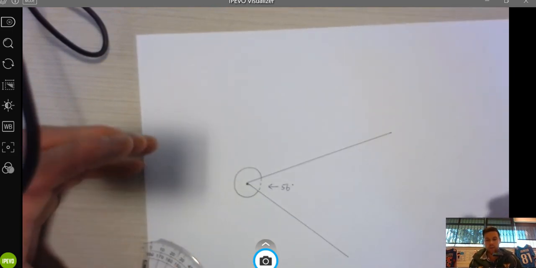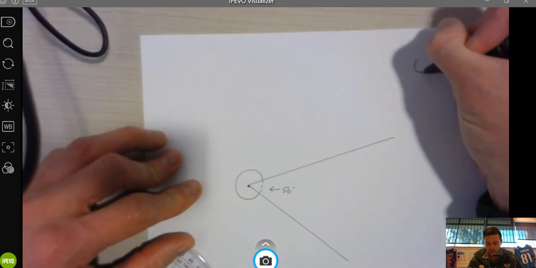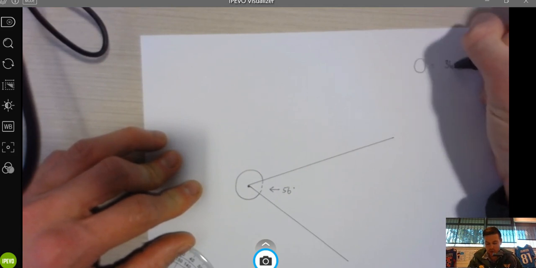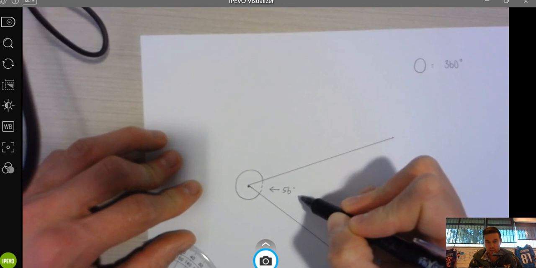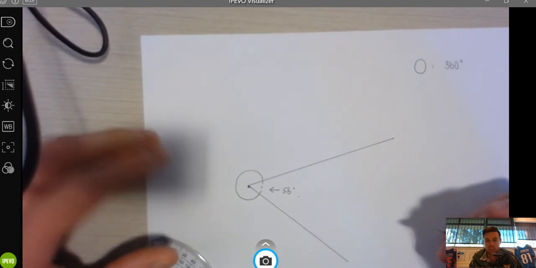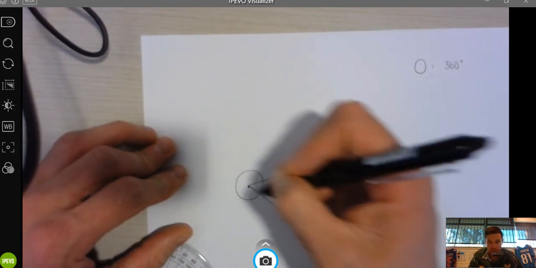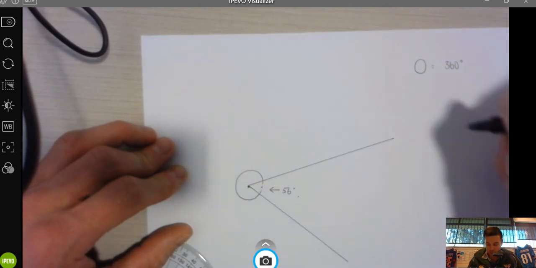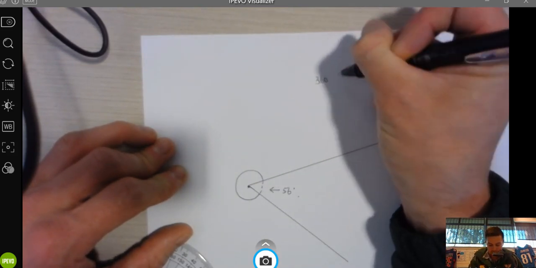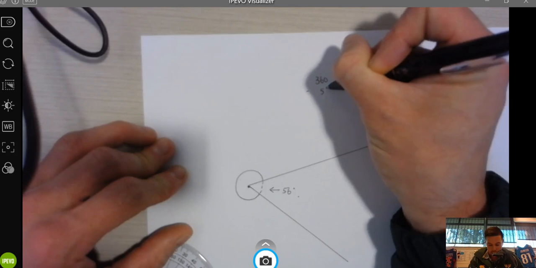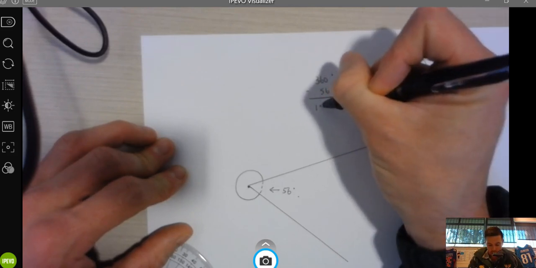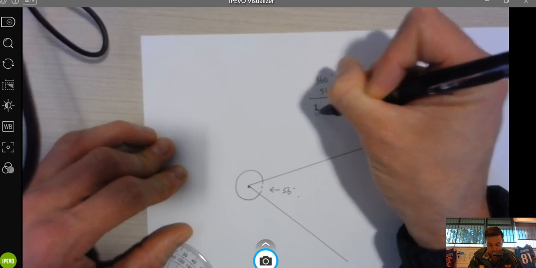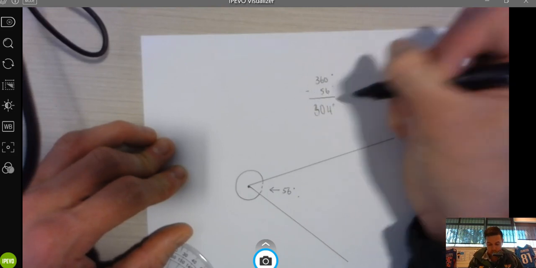Now, when we're looking at a reflex angle, we know that a full circle, okay, equals 360 degrees. If we know this middle section is 56, we must do a takeaway sum to work out what the outside of this angle is. So, if we do 360 degrees, take away 56 degrees, okay, that leaves us with 304 degrees.